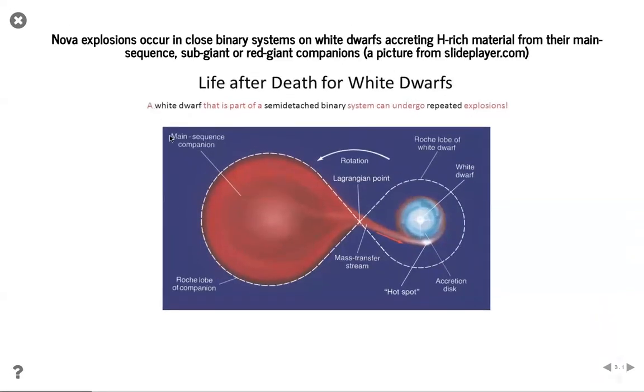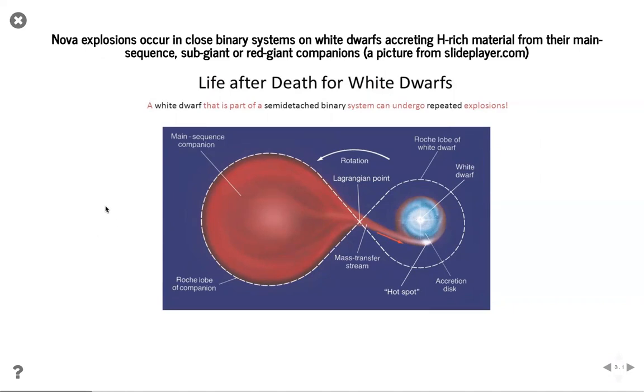Okay. So you probably heard about nova stars. These are stars that suddenly become bright on the night sky. The increase of their brightness is caused by a thermonuclear explosion of hydrogen-rich material on the surface of a white dwarf star.